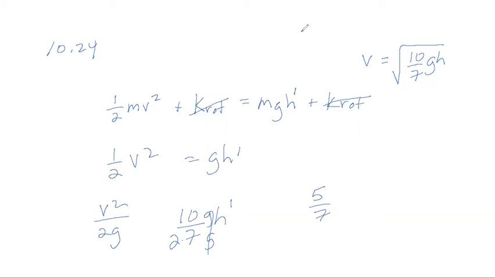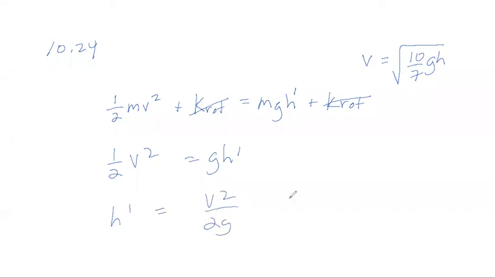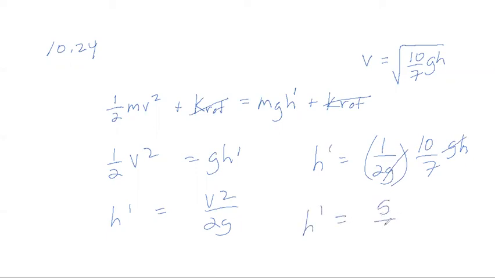Let me get my algebra straight. All right, one more time. Solving for h prime. H prime is going to be equal to v squared over 2g. H prime is going to be equal to 1/2g times 10/7 gh. Wait a minute, there's a gh. Okay, that's the former h. So yeah, there we go. The g's cancel. The h prime is going to be equal to 5/7 h.